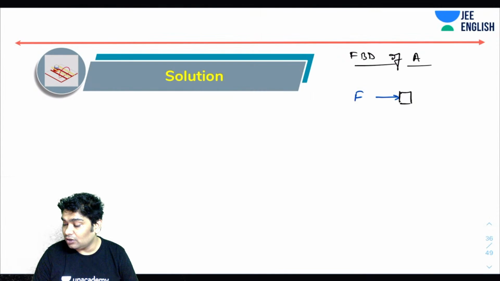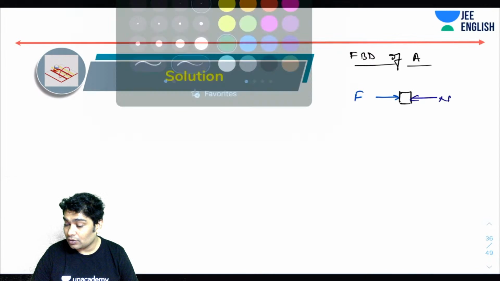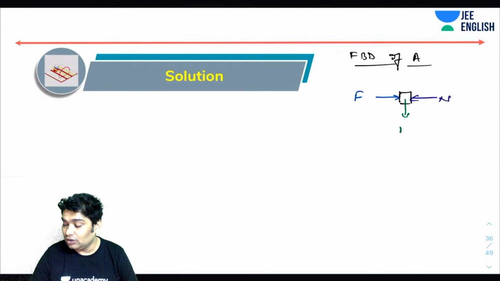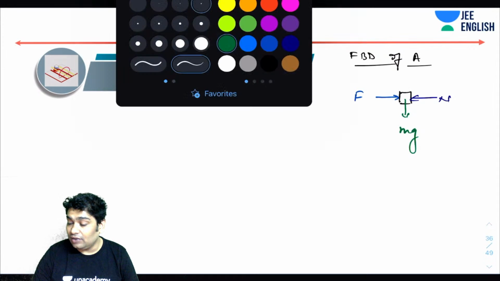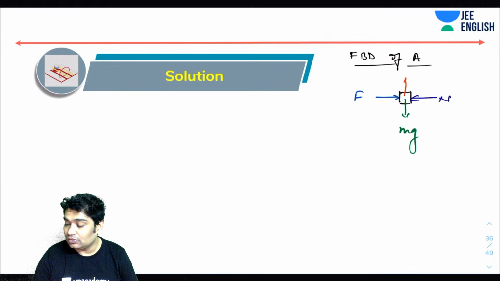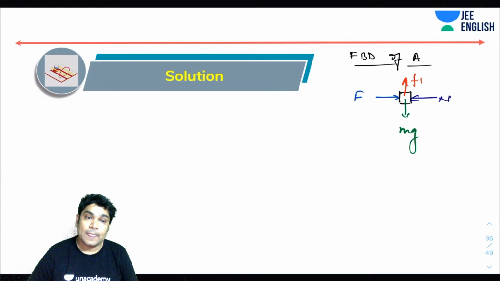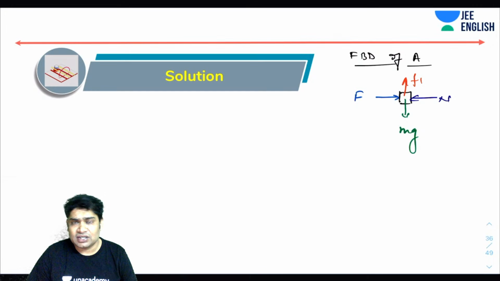Then you would have mg acting downward. Now, because of this mg, this block A would have a tendency of slipping downward, so it would have a friction force acting upward. Call that F1. Correct? Got it? This is how the FBD would have looked. Mg, I already know, is 20 Newton.